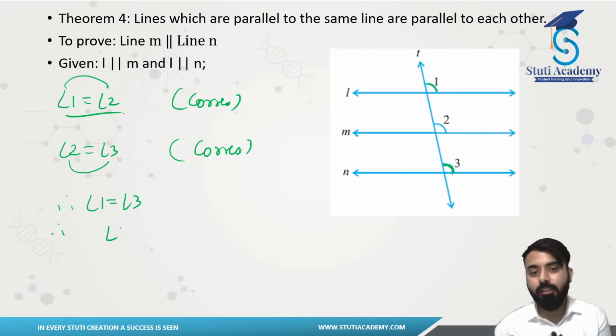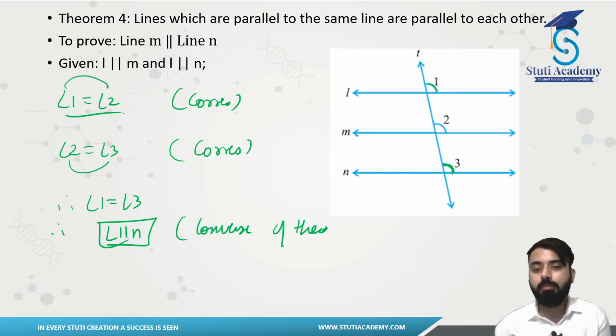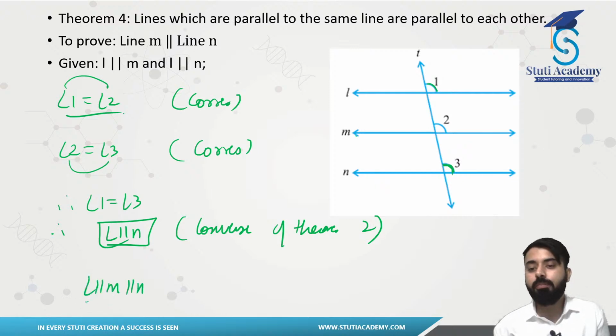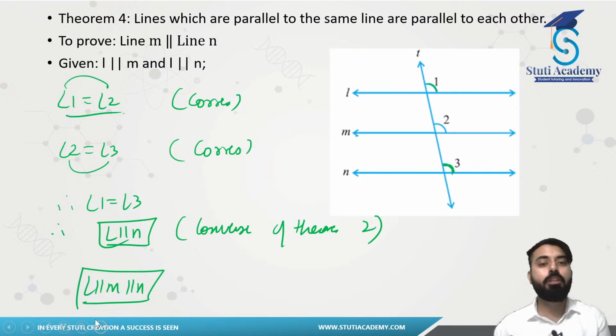Therefore I can say L is parallel to N using the converse of theorem 2. Right, quite easy. You can easily prove this one on your own, or you can simply say L is parallel to M, parallel to N. So I hope you guys understand this and you don't have any doubt in this. So this is the thing that we have to keep in mind.